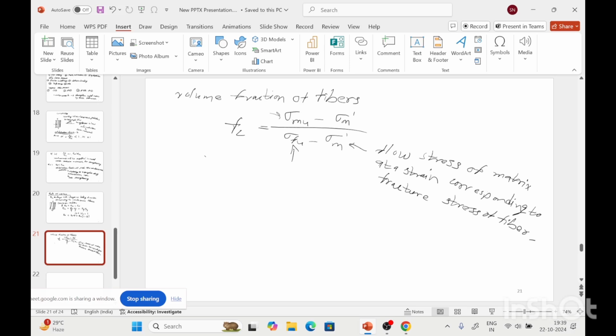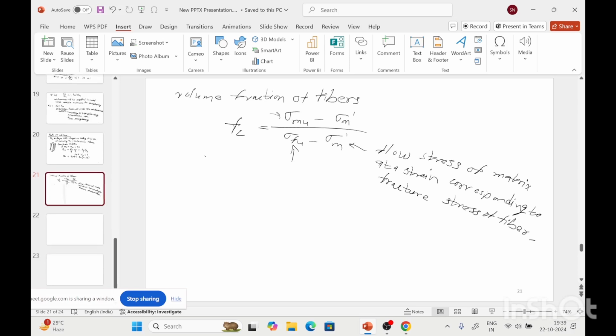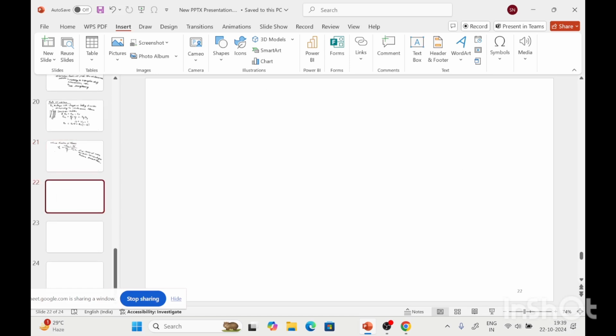Next are the strengthening mechanisms in the composite. First is the shear lag theory.